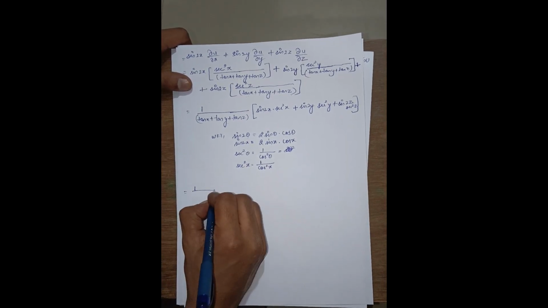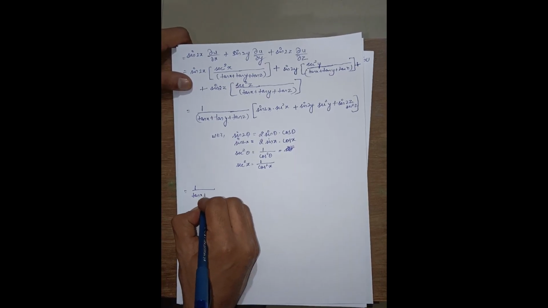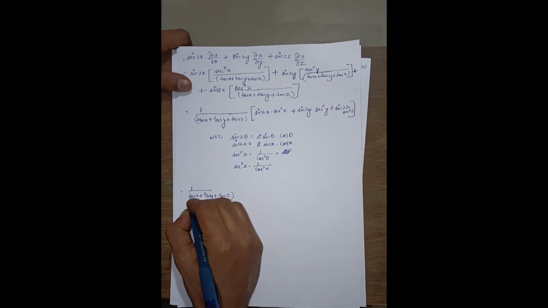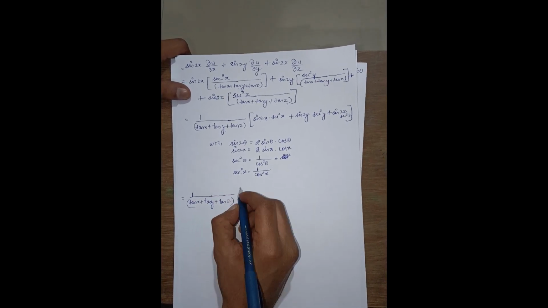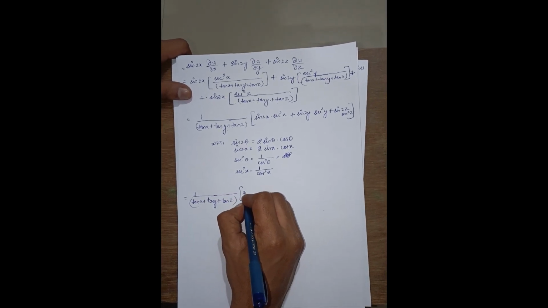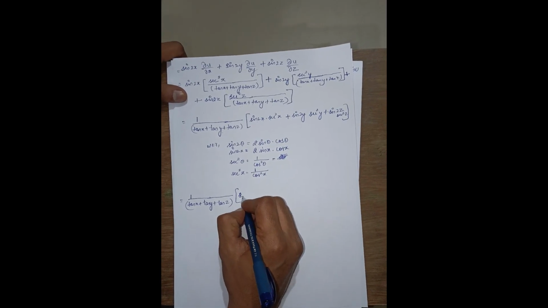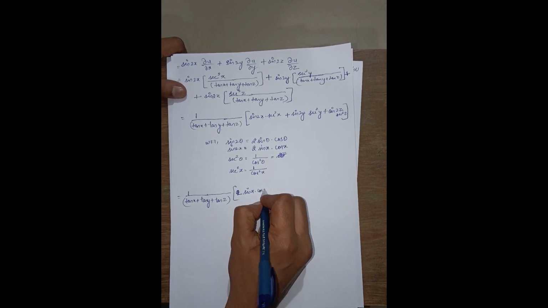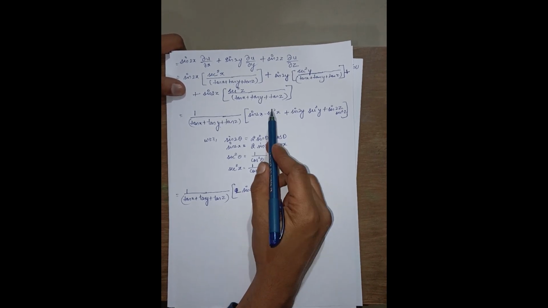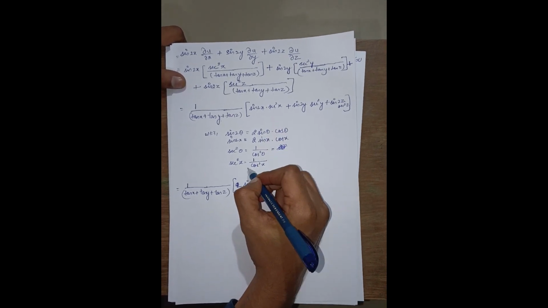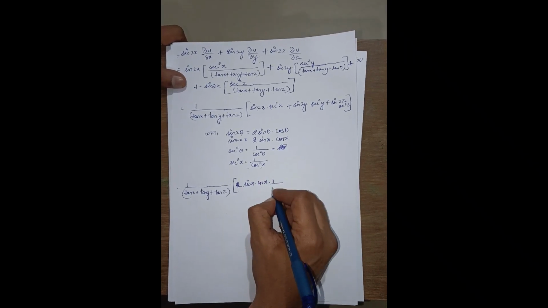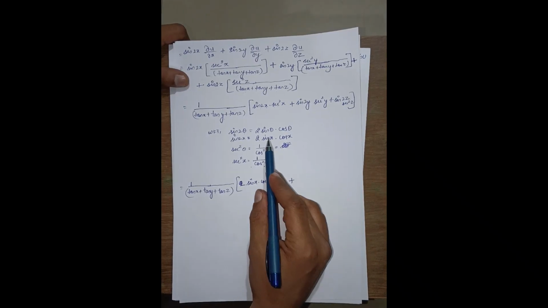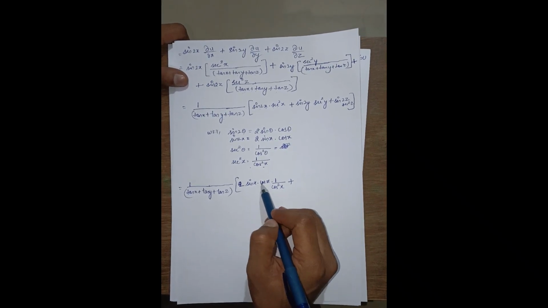That is 1 by tan x plus tan y plus tan z into sin 2x becomes 2 into sin x into cos x into secant square x. Secant square x means 1 by cos square x. In the same way, same formula, but we change the variable.